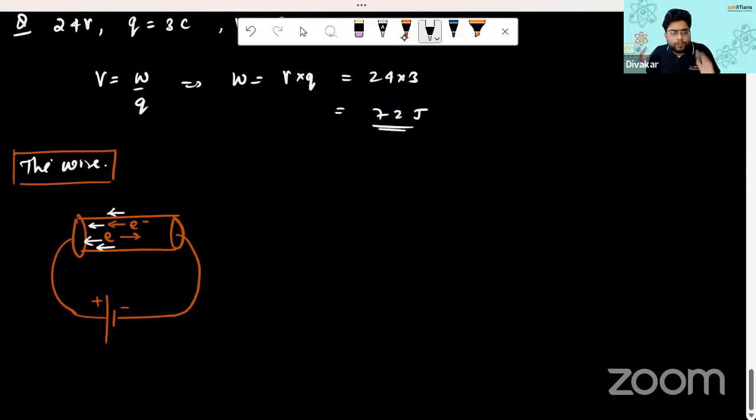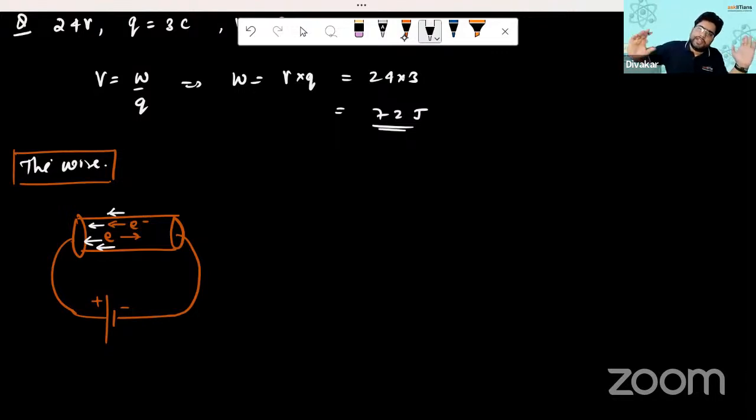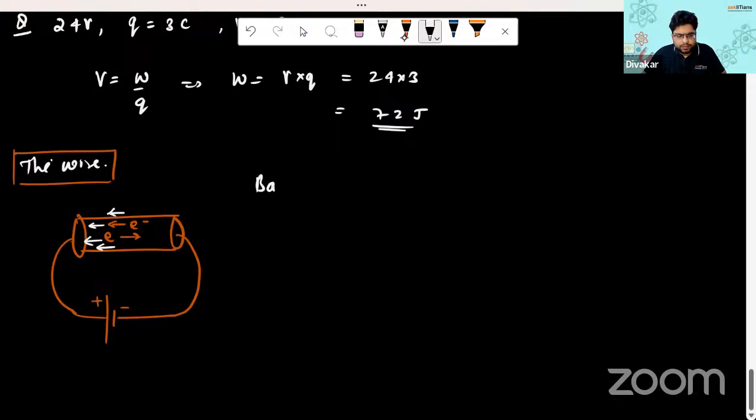The electron which was moving to the left will still move to the left because it is getting pushed in that direction. But the electron which was moving to the right will also get pushed to the left now. So will there be directed motion now? Yes. So the battery does not provide charges. The battery is a source of energy, not charge.